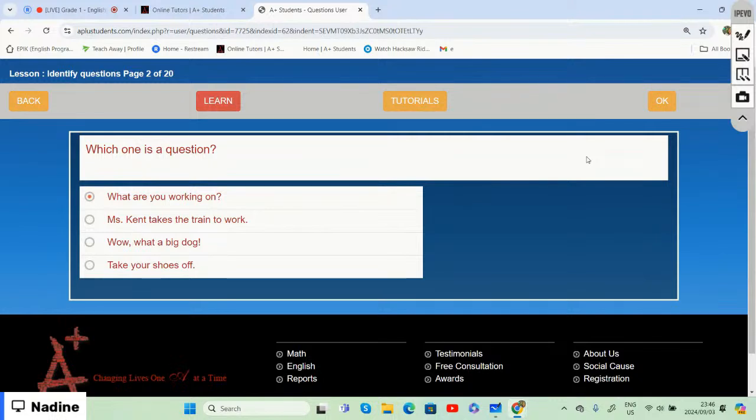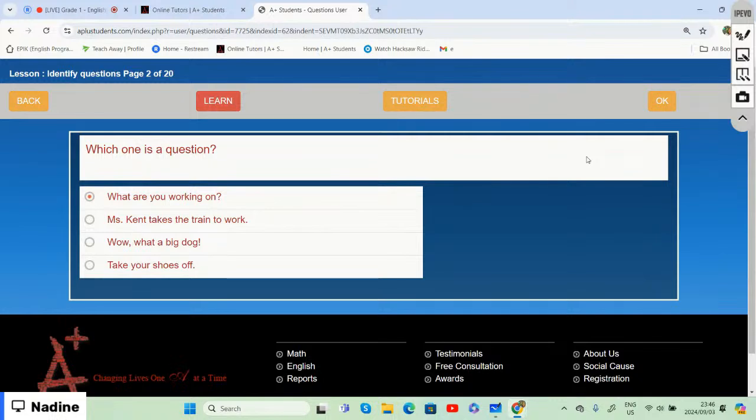All right, and then the last one, it says, what are you working on? Those are all sentences that end with a question mark. These are sentences that end with a question mark.